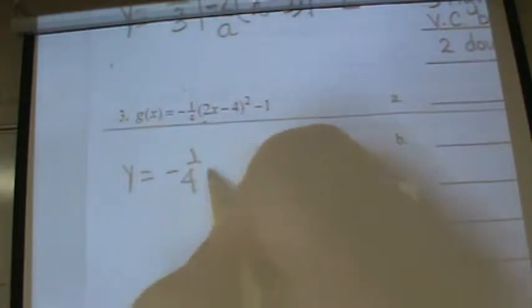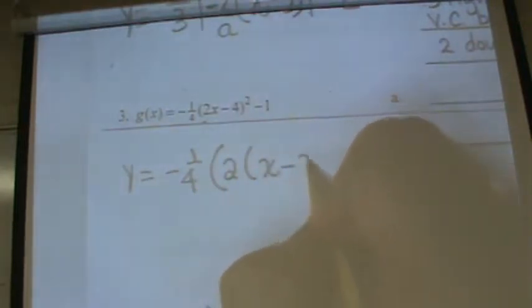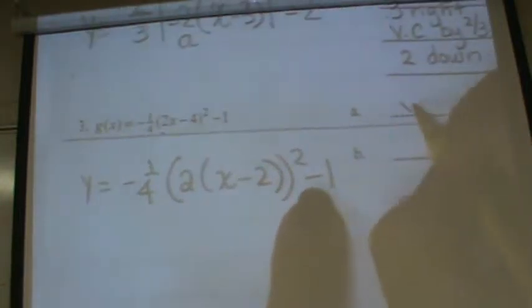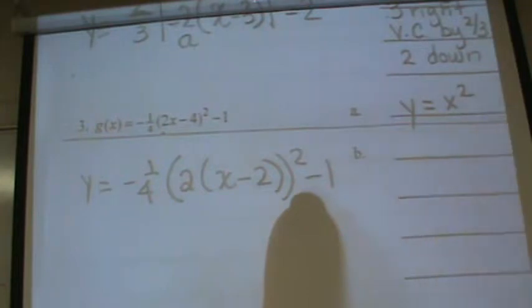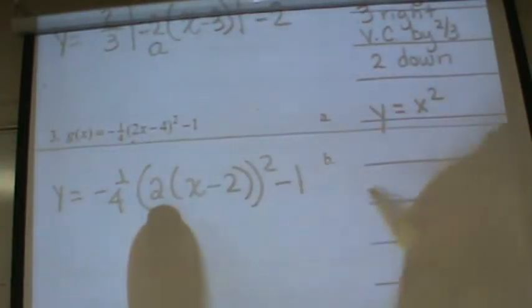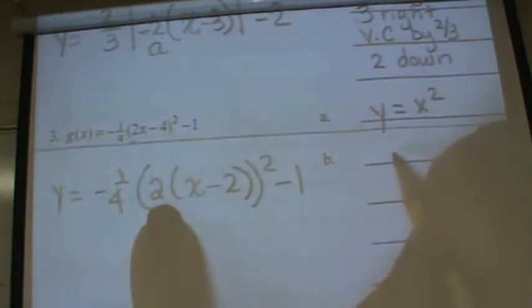Number 3, what do you have to do with this a value? Factor it out. Okay, what's the parent function? Y equals x squared. Okay, here's your a value. What do you do with this a value? Flip it, and you get a 1/2.